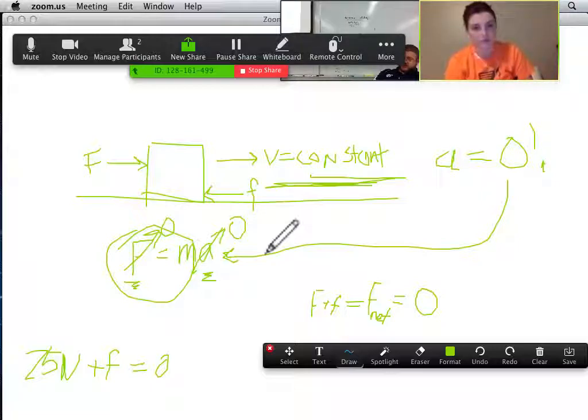It won't speed up, it won't slow down. It'll just remain staying still, or it'll move at a constant velocity, which is constant speed, constant direction. But that's a tricky one. It does unveil a little bit of a mistake that students often make.